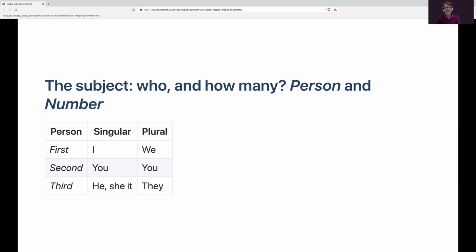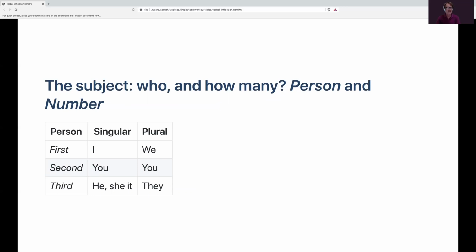The form of the verb will also tell you about the subject, who and how many people are involved. These are called the person and number. And the grammatical terminology that you'll see is for number, exactly as with substantives, singular and plural. And for person, we use the terms first, second, and third. First person refers to the speaker, so in the singular I, or in the plural we.